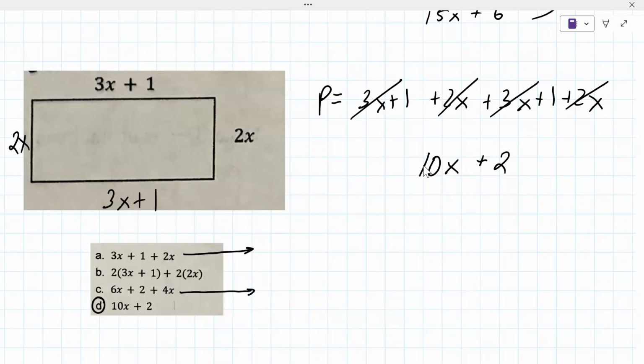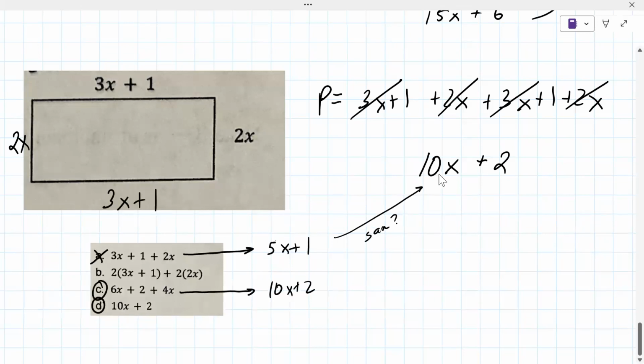So for A, would it be 5x plus 1? Is that the same as that? No. Okay, so that's out. How about for C? It would be 10x plus 2. So yes, C is correct.